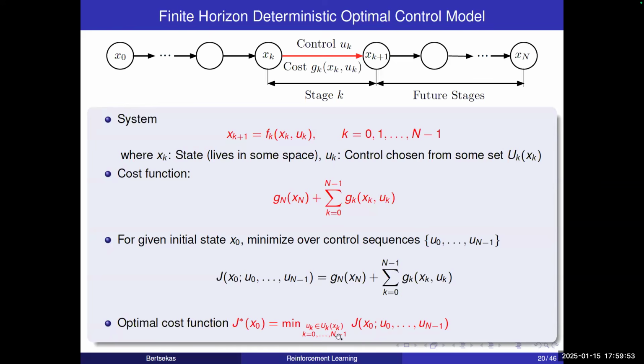Since the control sequence has been minimized over, the obtained value is a function of x0 alone. It's no longer a function of the sequence of control. We refer to this as the optimal cost function, and this is the primary object we aim to compute in the context of dynamic programming, or exact dynamic programming. In addition, we would also like to find the sequence of control that attains this minimum.